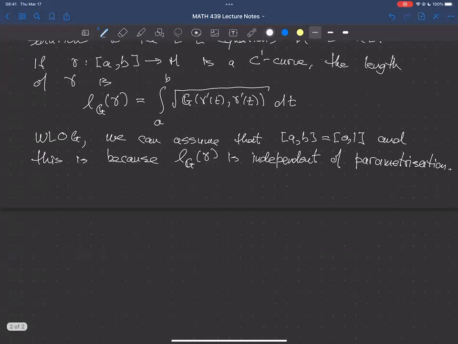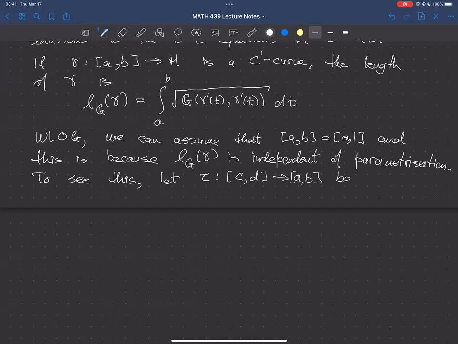So to see this, let tau from some other compact interval [c, d] into [a, b] be a reparameterization.